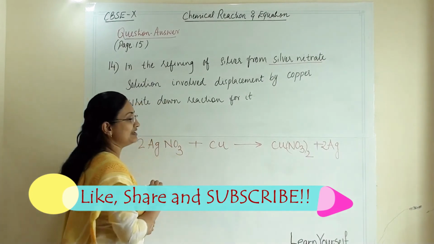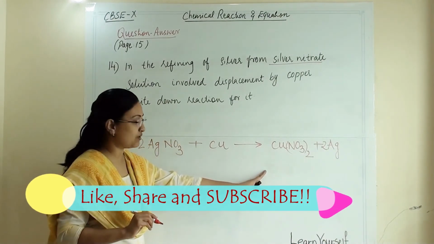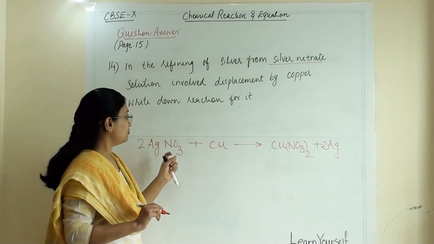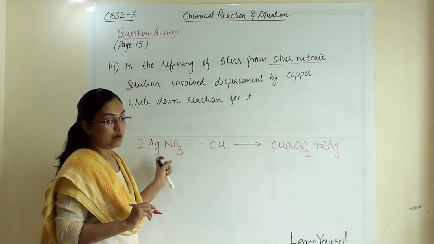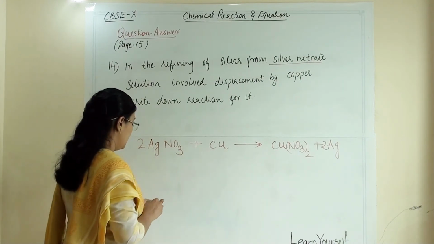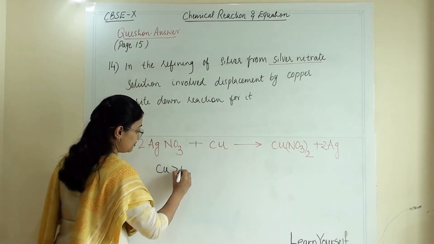So we have balanced silver also. So now this is our balanced equation for this refining of Ag from AgNO3. But now why has this happened? Because copper is more reactive compared to silver.